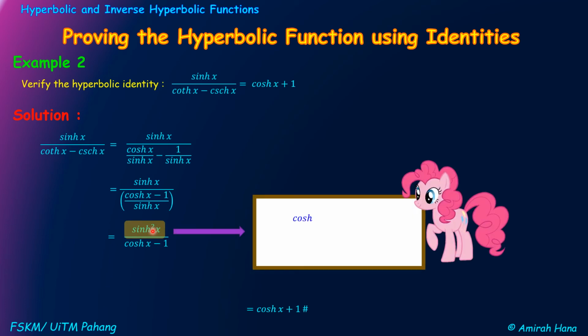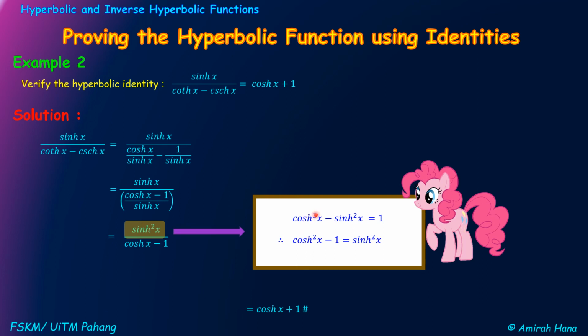From the hyperbolic identity cos squared x minus sin squared x equals 1, we need to write sin squared x as the subject. So to write sin squared x as the subject, we can move minus sin squared x to the right-hand side, and at the same time, we move 1 from the right-hand side to the left-hand side.